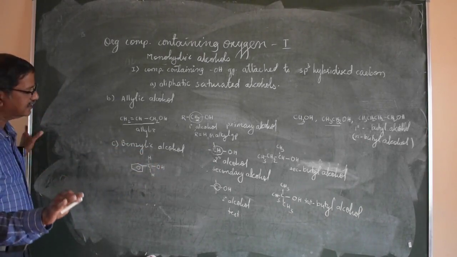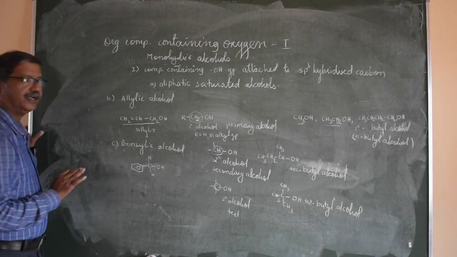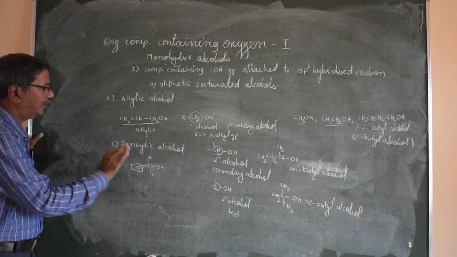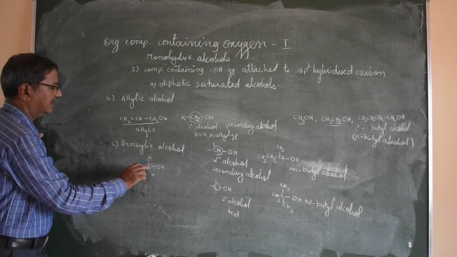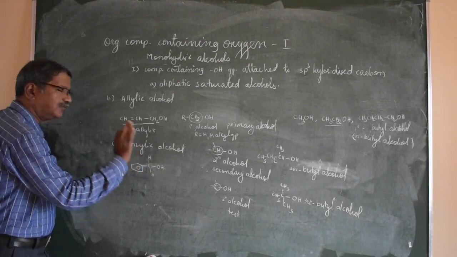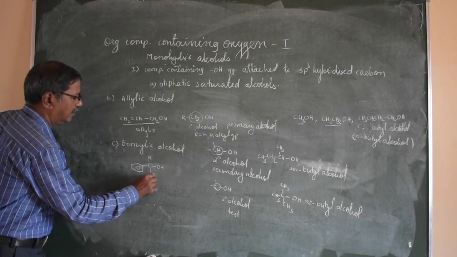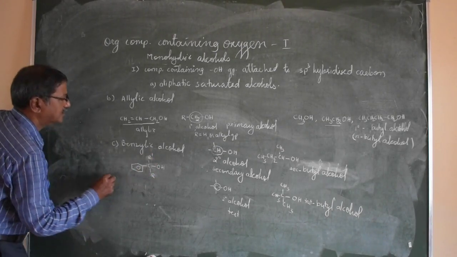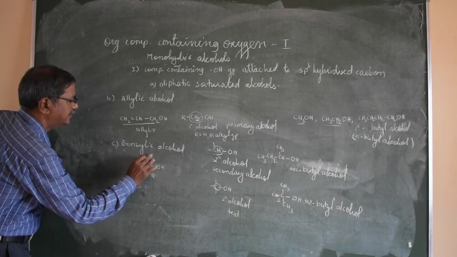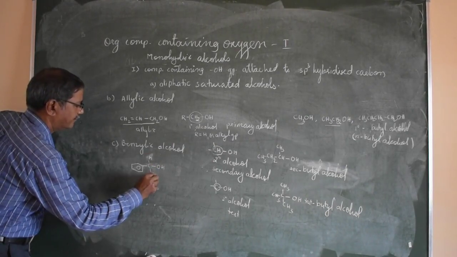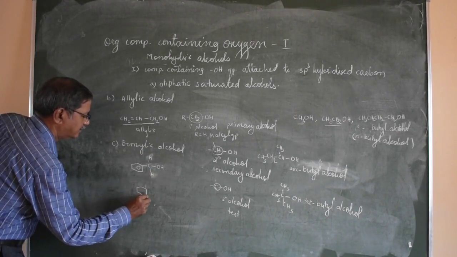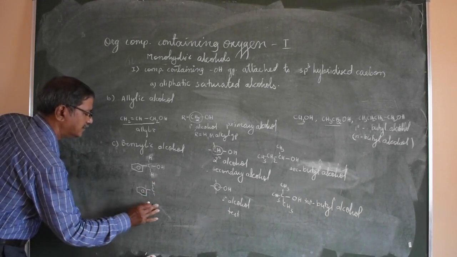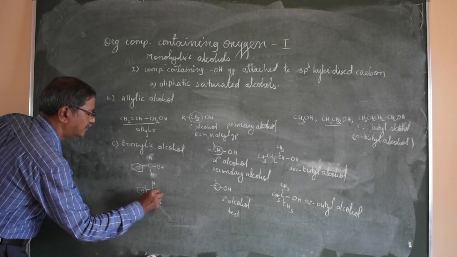Again it is not necessary that these two must be hydrogen, as we studied in the case of haloalkanes and haloarenes. It is not necessary that it must be CH2. It may be some other group, it may be R, R dash like this. So we can also write benzylic as CH2OH, or CH with R, which may be CH3 or some other group, OH.